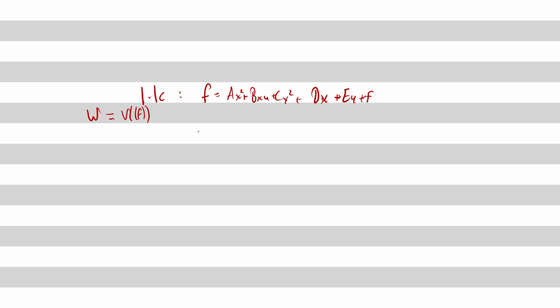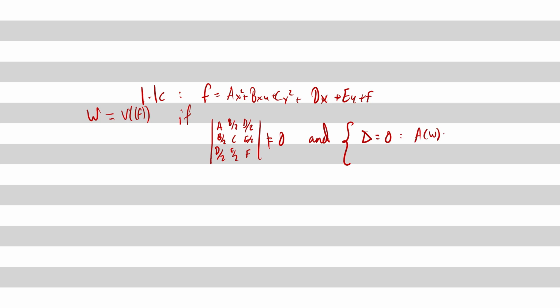Well, if this matrix, a, b over 2, b over 2, c, d over 2, d over 2, e over 2, e over 2, f, if that is not 0 and delta equals 0, then A of W is isomorphic to k adjoin x, and if delta is not equal to 0, then A of W is isomorphic to k adjoin x, x to the minus 1.